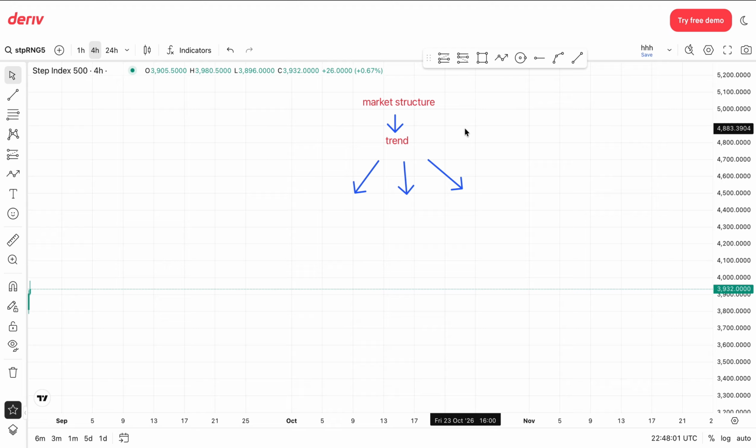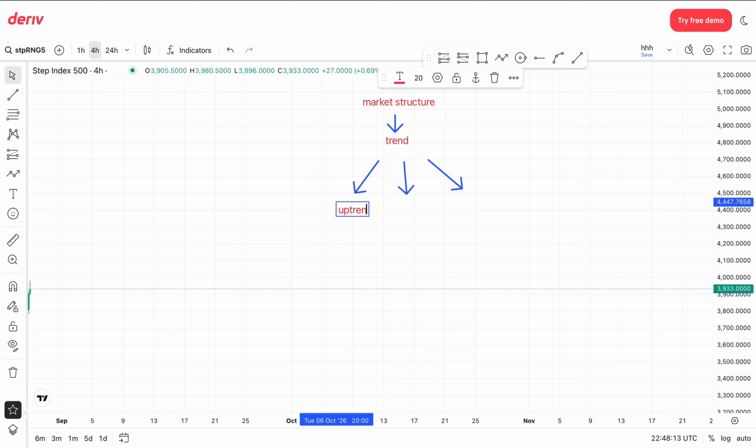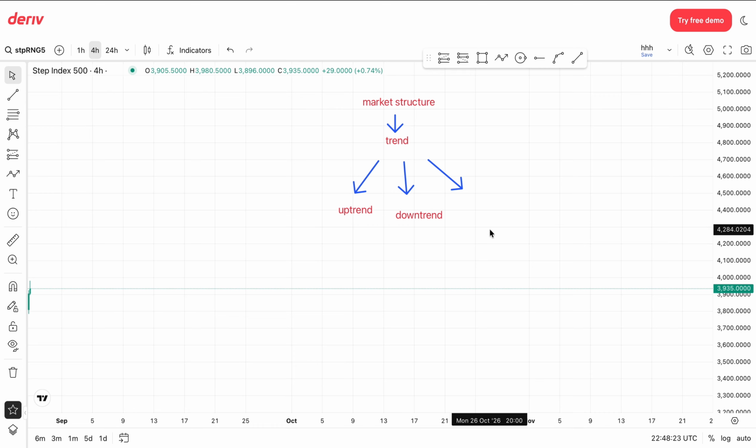Yes, how price moves, the structure that it makes, from the structure you get the trend, and we have three types of trend. We have the uptrend, we have the downtrend, and we have the consolidation.